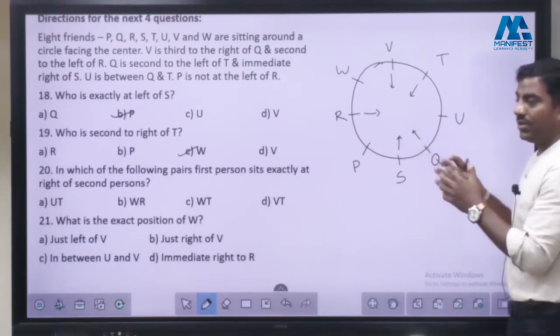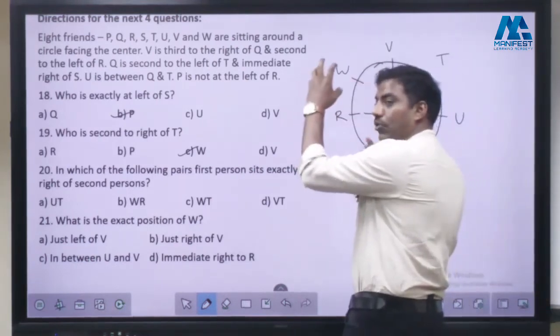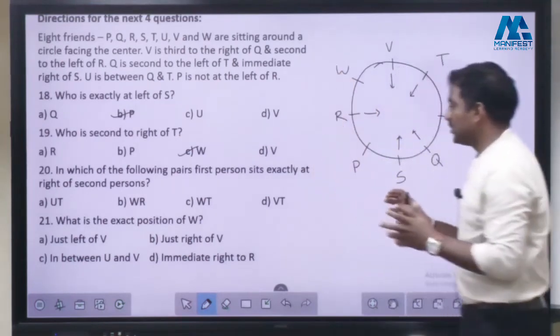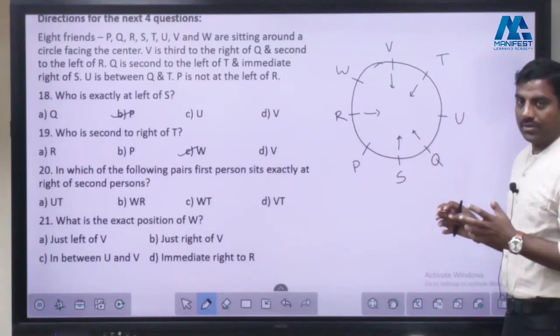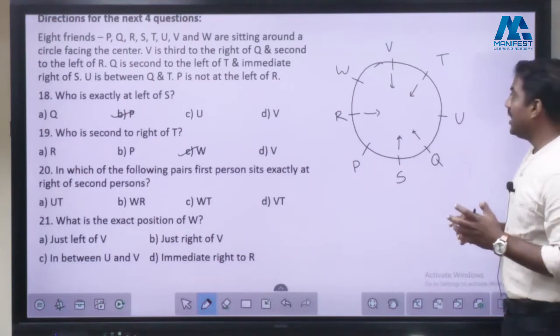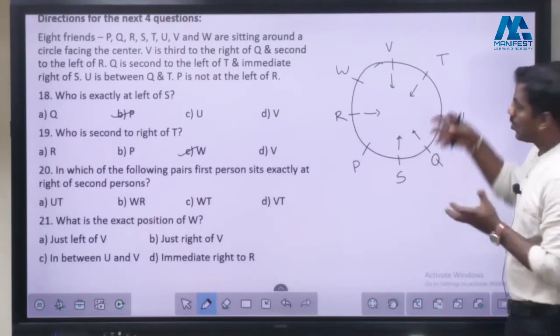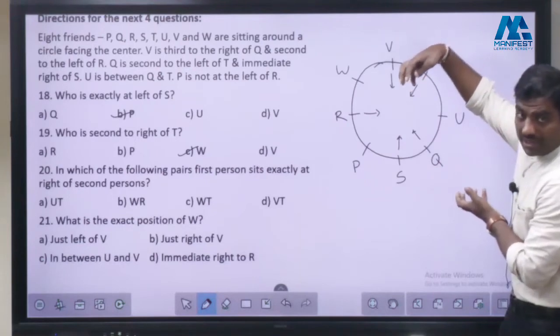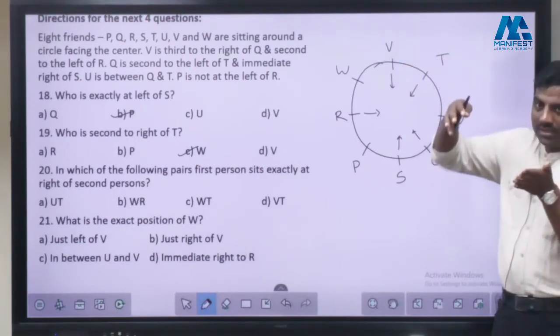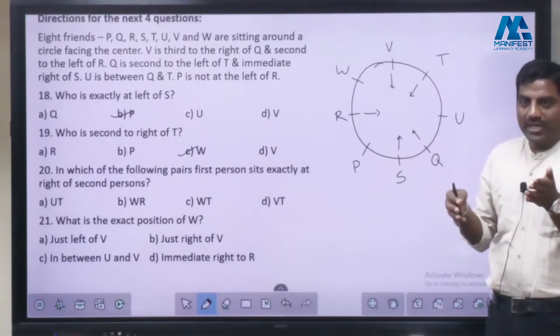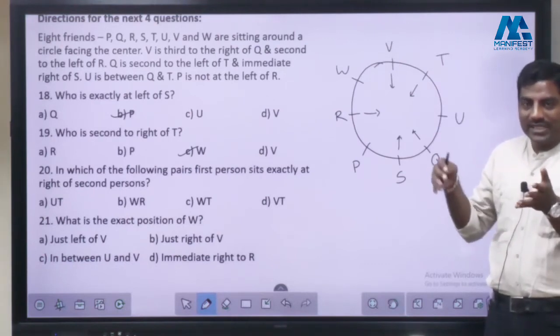W and R. Take W to the right, R to the left. Not possible. W and T. They are far apart. Then V and T. V to the right, T to the left. See, your position should be continuously changing.